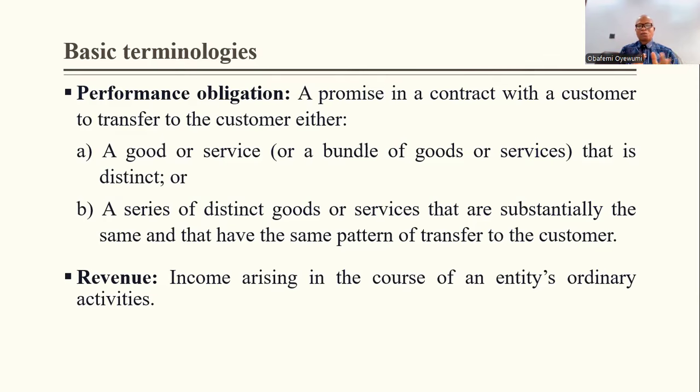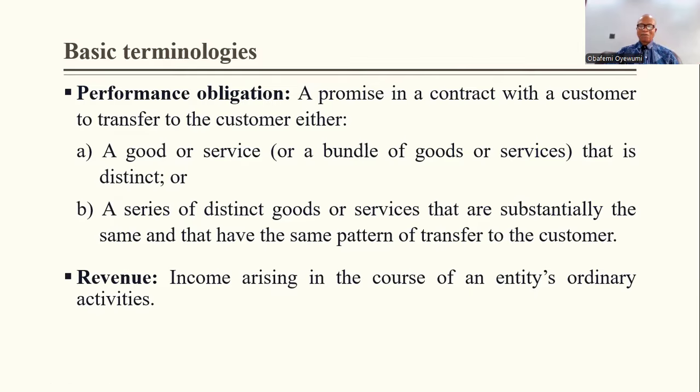So when we talk about performance obligation, we're saying that it could either be a good, a service, or a bundle of it that is distinct, or a series of distinct goods and services that are substantially the same. So revenue basically is income arising in the course of an entity's ordinary activities. That's what revenue is all about.